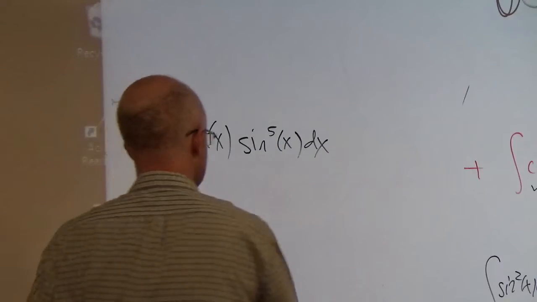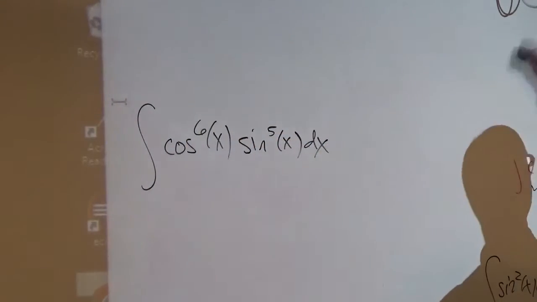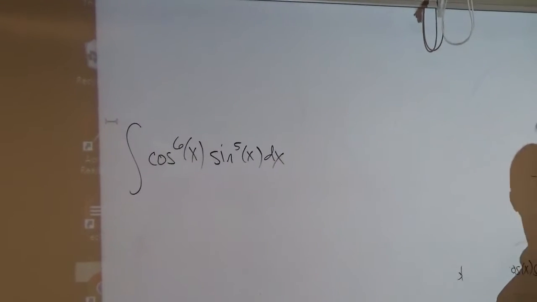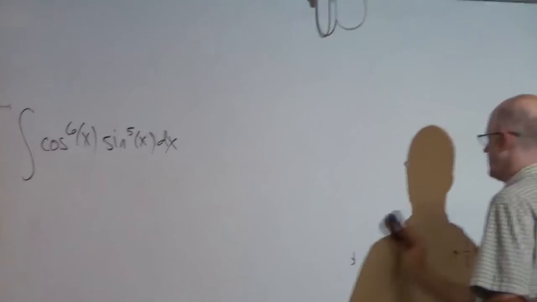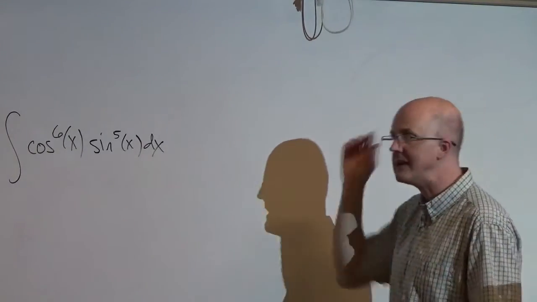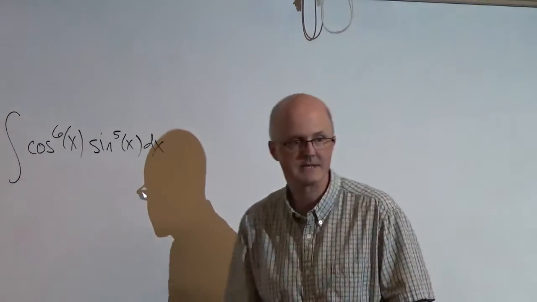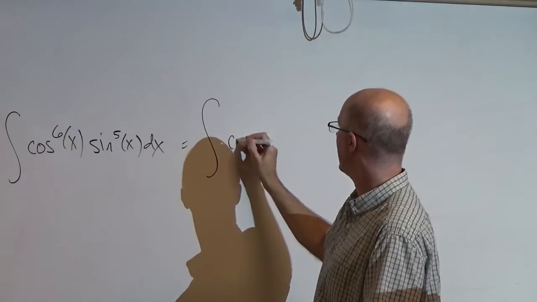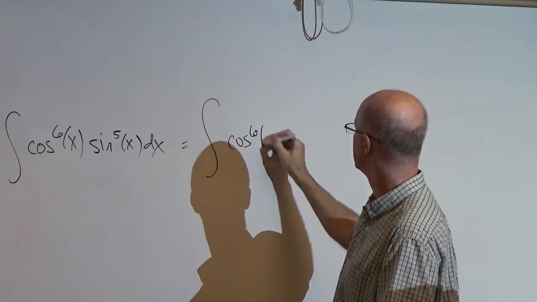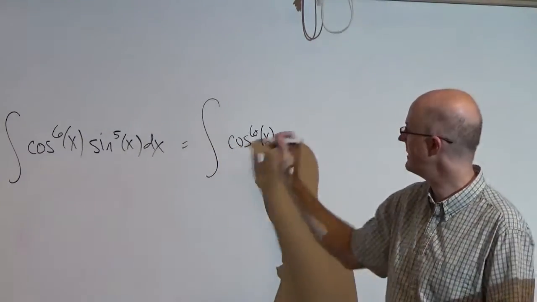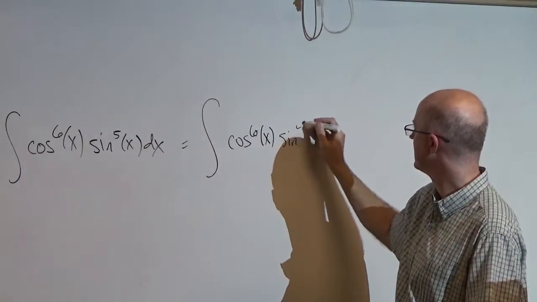But the fact that one of those powers is odd makes this doable with the trigonometric identity and the substitution. What you want to do is take the one with the odd power, in this case the sine, and break it off. Take one of the factors of sine and break it off. In other words, write it like this.